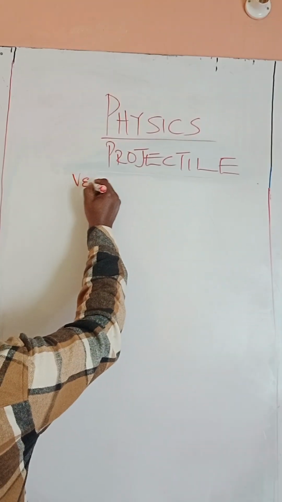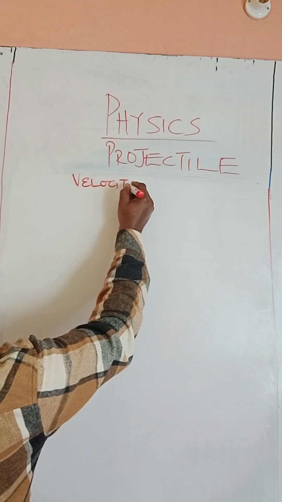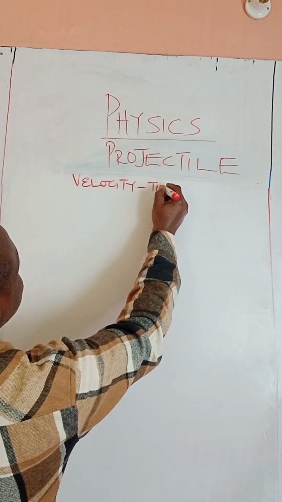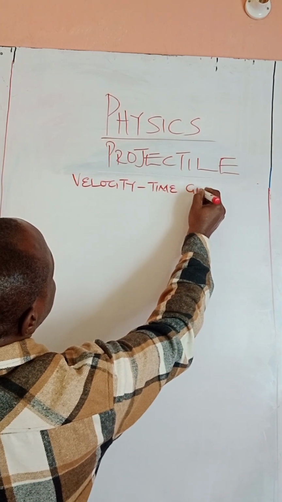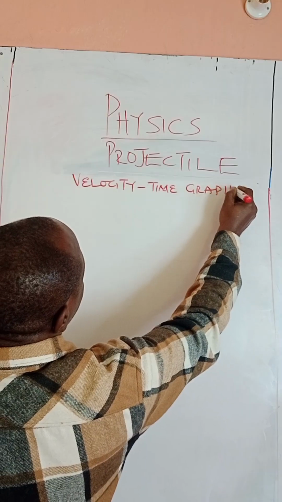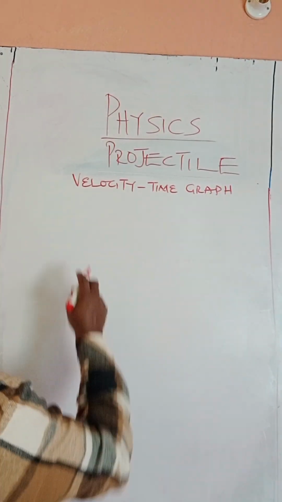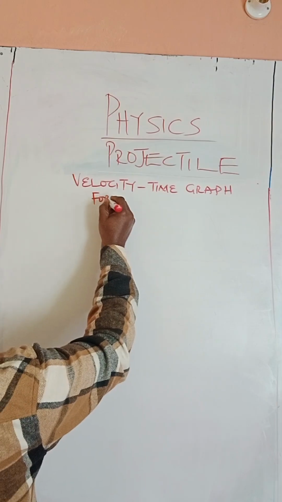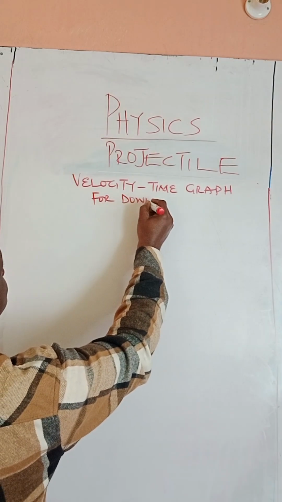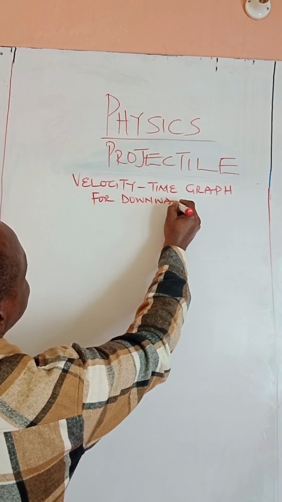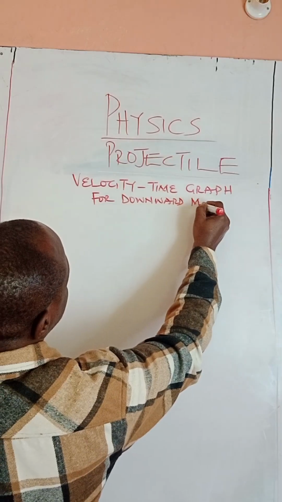Let me call it the velocity time graph for downward motion.